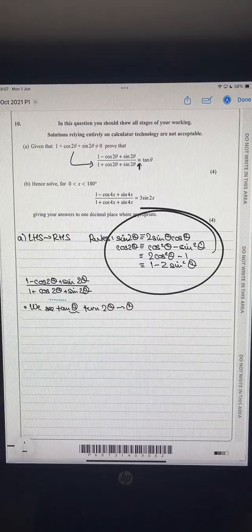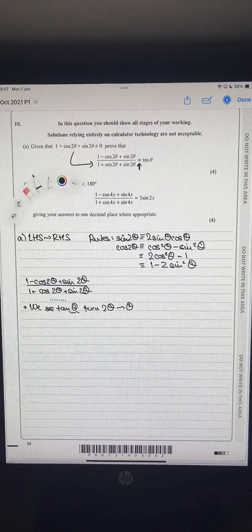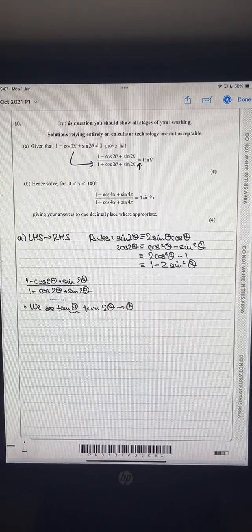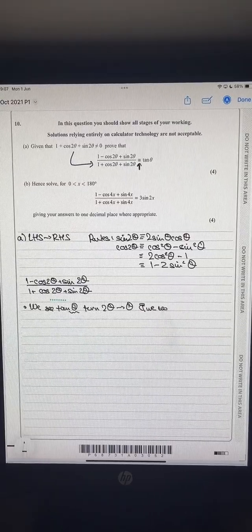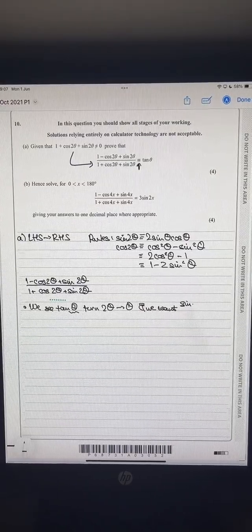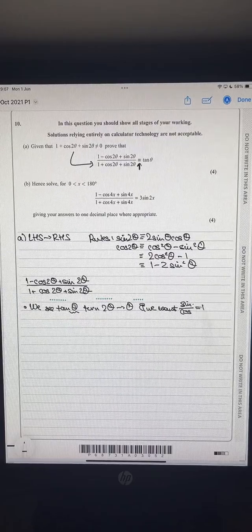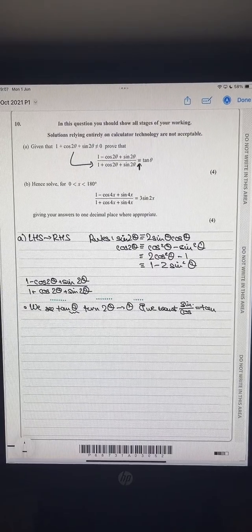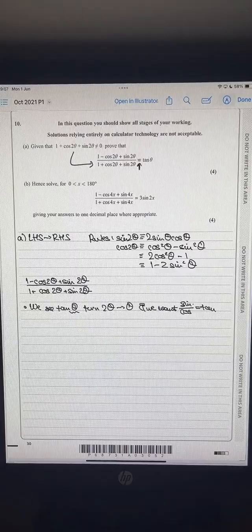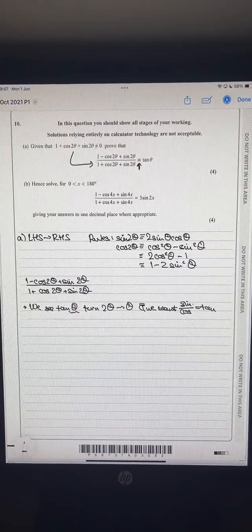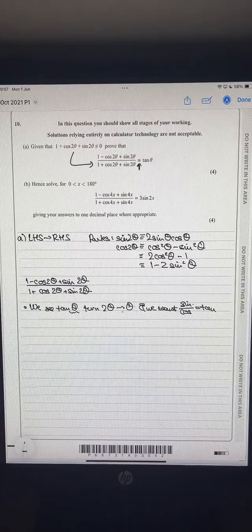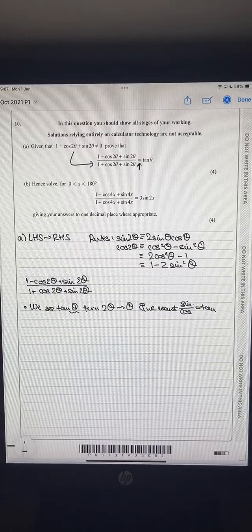And how are we going to do that? Use the rules I so conveniently wrote before I started. And we want sines over cosines, because then that gives me tan. So I want as many sines as possible on the numerator and as many cosines as possible on the denominator to give me a tan in the end.